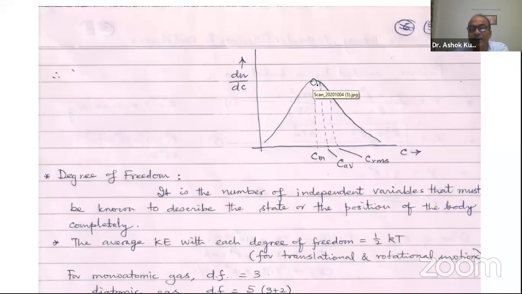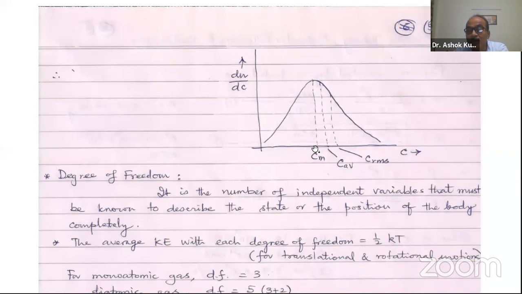Thereafter, if we further increase the velocity, suppose 25 meter per second, then we find that again the number is decreasing. That means there is a particular value of velocity which is being acquired by the maximum number of molecules. This particular value is called maximum probable velocity.